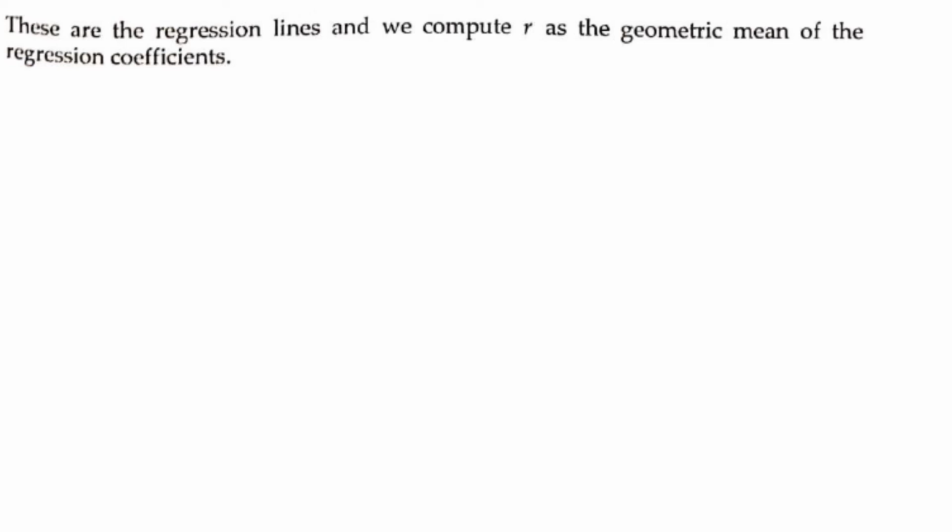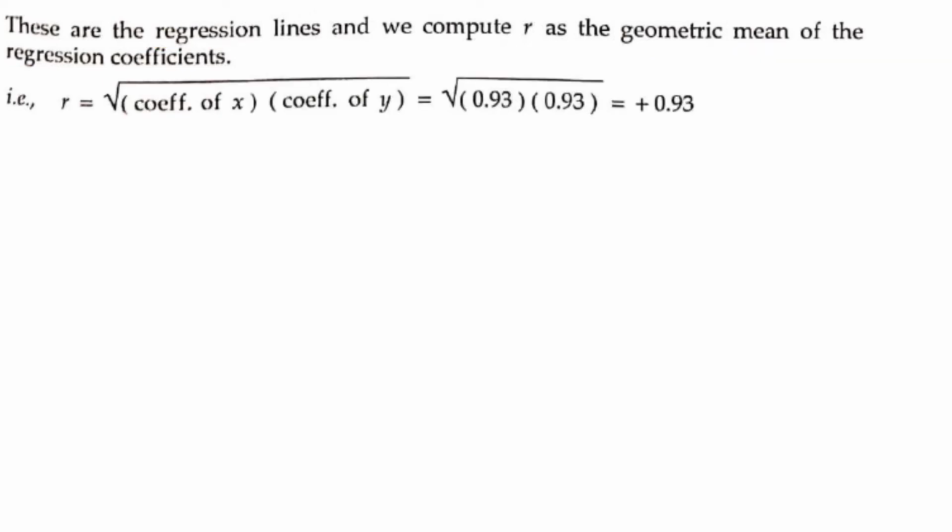So these are the lines of regression, and now we compute R as the geometric mean of the regression coefficients. Here is the formula to find R. R is root of coefficient of x into coefficient of y.